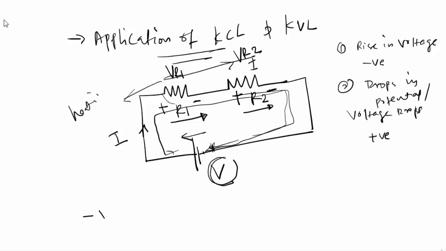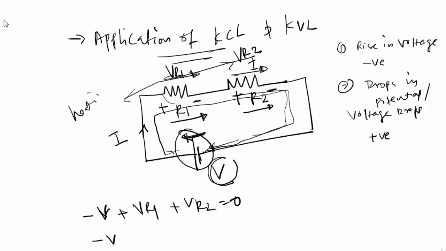So I'm having a minus V here, and when I'm moving from the lower potential to the higher potential, this is a voltage source, and this is a voltage rise which I'm coming across. So I'm taking it as negative, and these are voltage drops which I am coming across. So plus VR1 plus VR2 is equal to 0, and again I am writing that from Ohm's law.